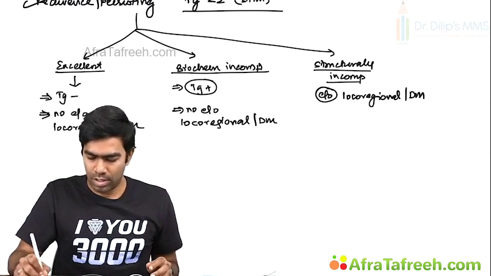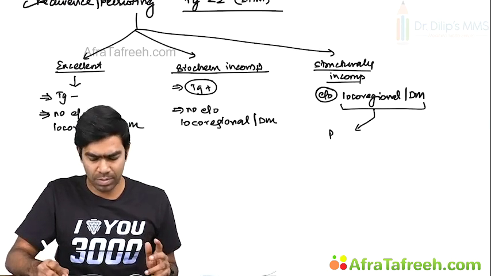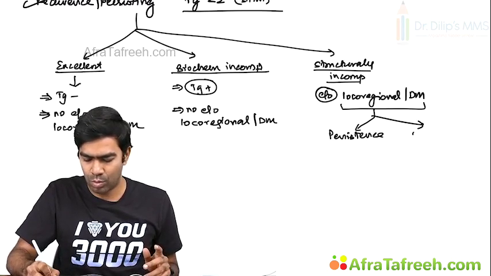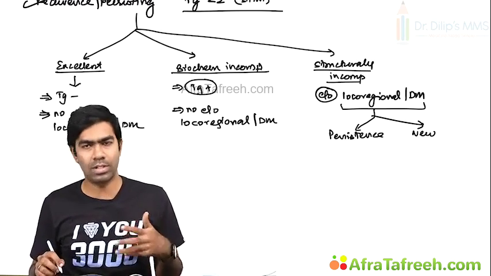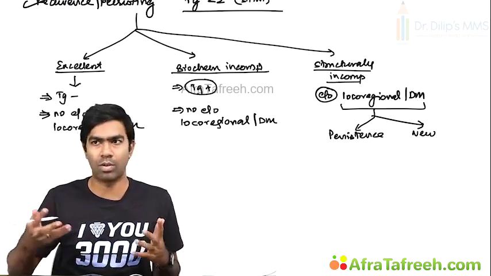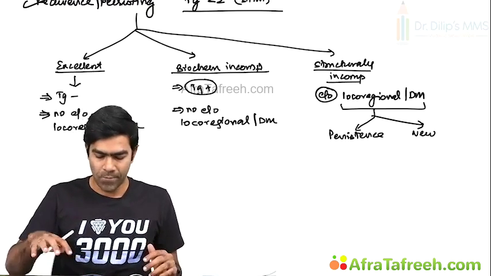This locoregional disease or distant metastasis might be either persisting, which means they didn't respond to your treatment at all, or it could be new, which we call a recurrence. Once it's responded initially, but it came out as a new entity in the time being, when you are evaluating and following up the patient.